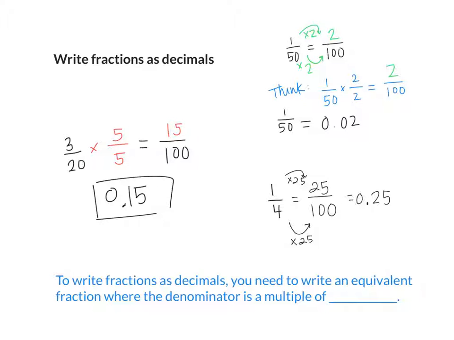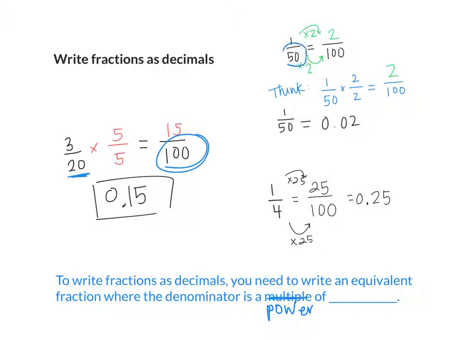These examples show us that to write fractions as decimals, we need to first write an equivalent fraction where the denominator is a power of 10. Sorry, not a multiple, it should say a power. We changed it from the original denominator of 20 to a denominator of 100.